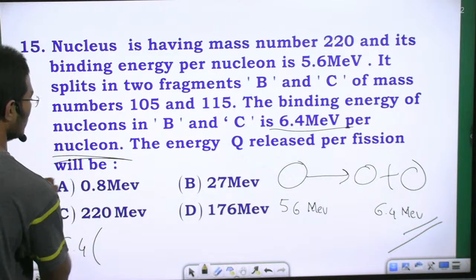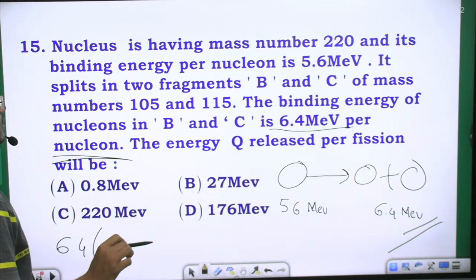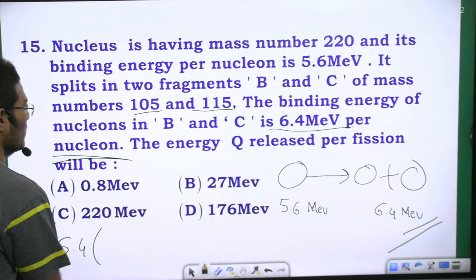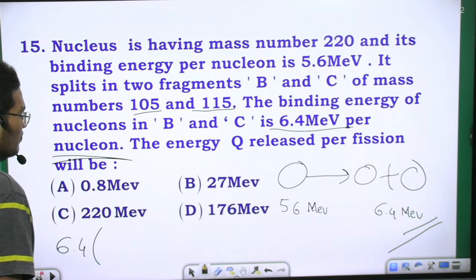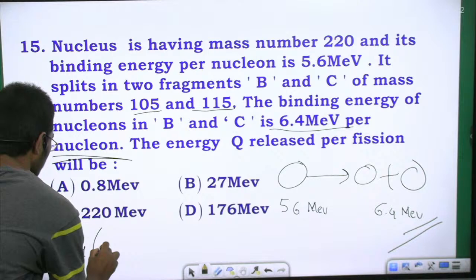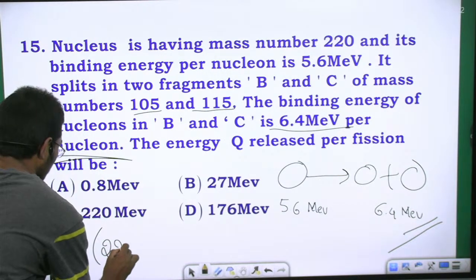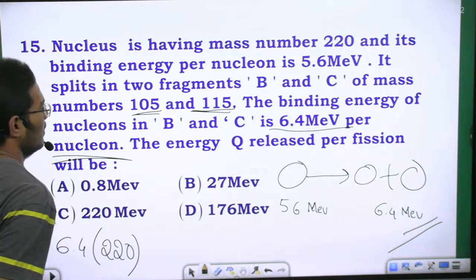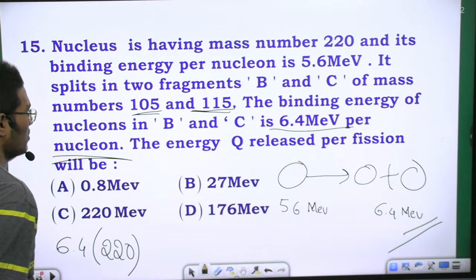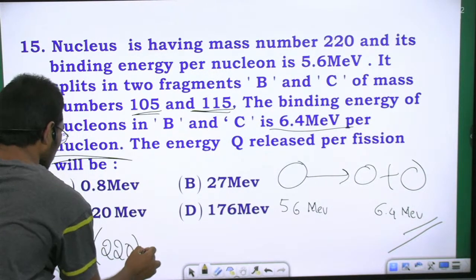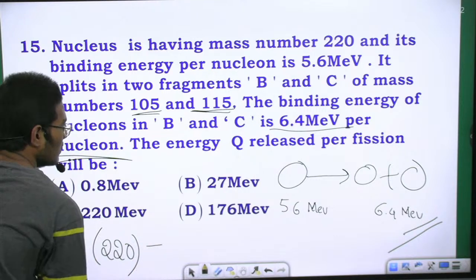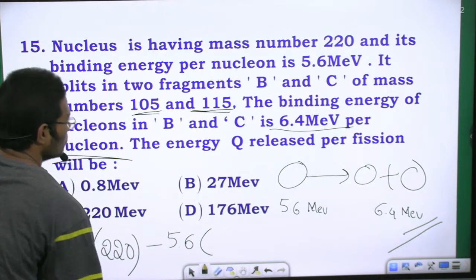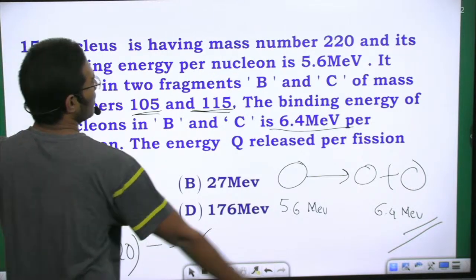What are the total number of nucleons? 105 plus 115, how much do you get? 220, the sum of 105 and 115. Minus 5.6 into the number of nucleons.